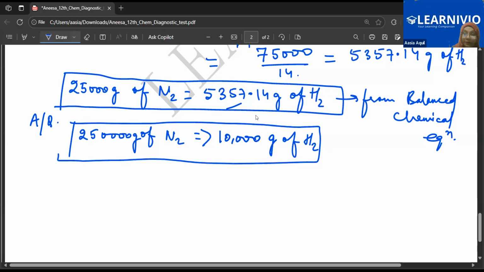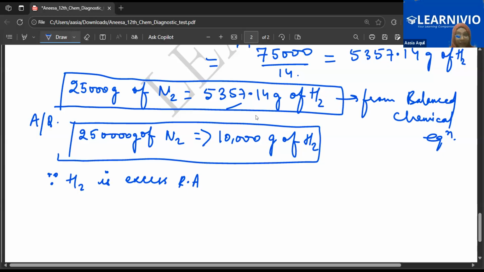Excess reagent. And as I just told you, if one reagent is in excess, obviously the second one will be the limiting reagent, right? See, because the hydrogen amount is still with us, but the nitrogen amount is fully consumed. Nitrogen means 25 kg nitrogen is fully consumed in the reaction to produce ammonia.